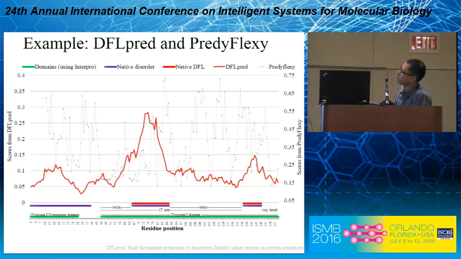Now, if we take a look at the score from PredyFlexy, which is a predictor for flexible residues, we can see the score fluctuates widely along the protein sequence. This is because flexibility is a property of individual residues instead of longer regions such as DFL. So this method cannot be used to find the DFL regions.